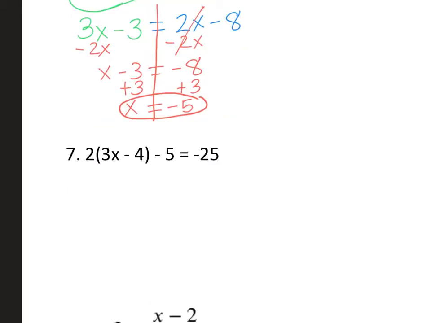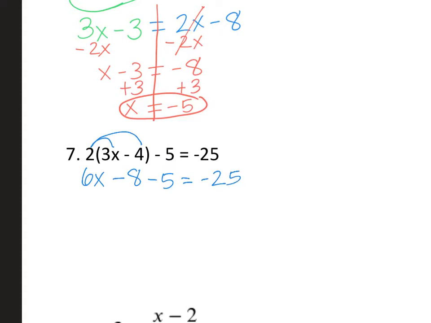With number 7, I need to distribute before I can do anything else. So I'm going to give that 2 to the 3x and to the negative 4. When I do that, I get 6x minus 8. And I can just go ahead and write the rest of my equation.